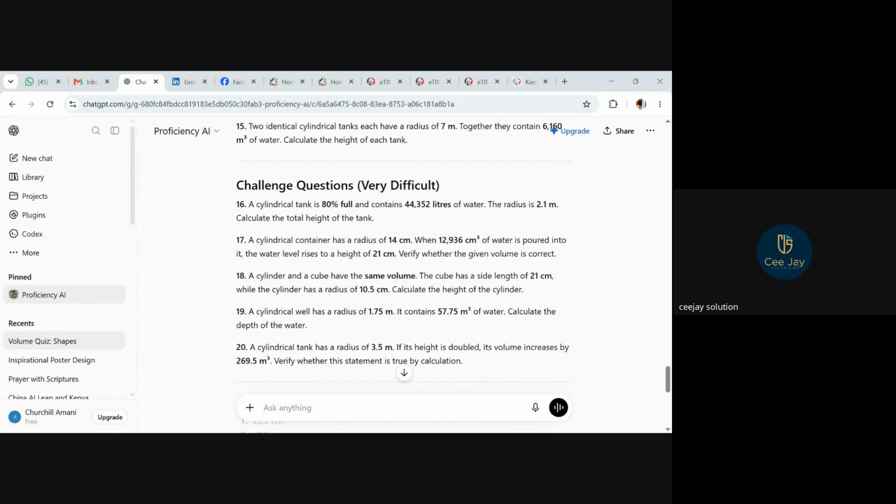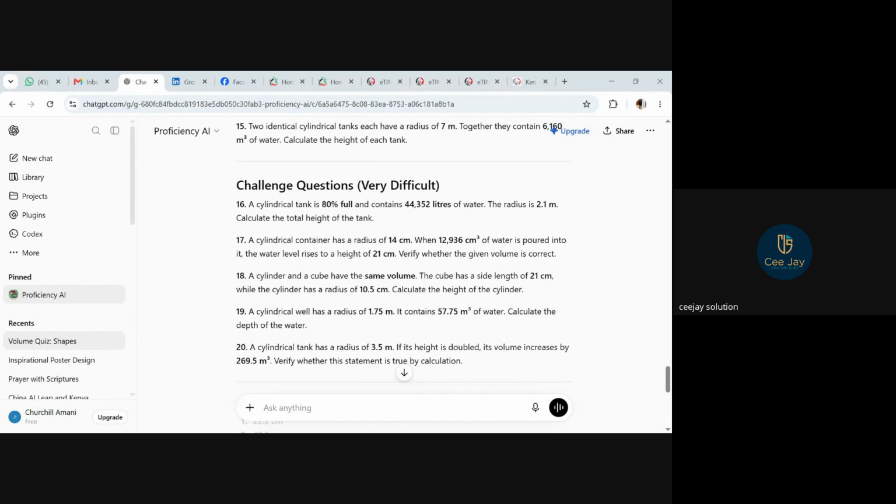First of all, what we will do, we will change 44,352 liters into meters cubic. And how will we do it? The formula is 1 meter cubic equals to 1,000 liters.